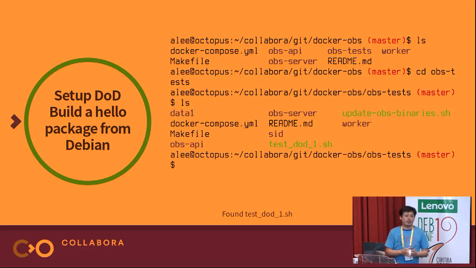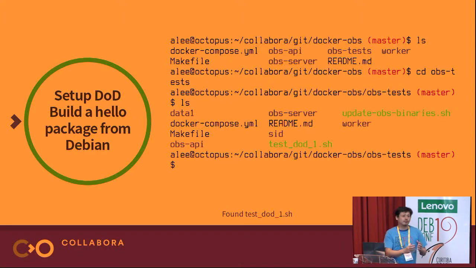And all the packages have build dependencies. If you have a project based on Debian Stretch or Debian Buster, you don't want to have a local mirror of everything on the server, right? So that's the DoD. DoD automatically fetches those missing build dependencies on demand.